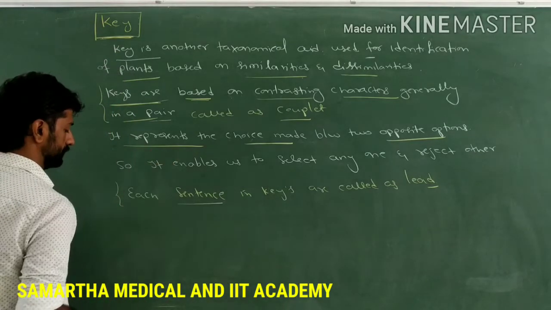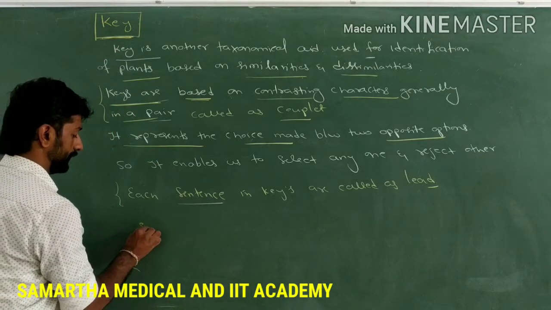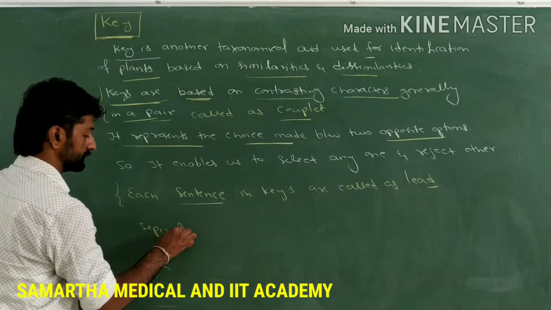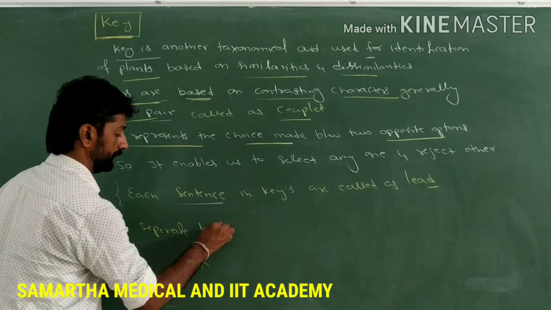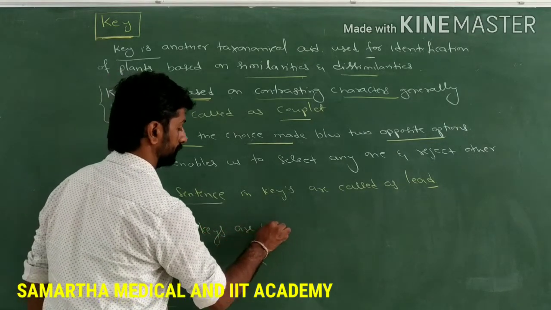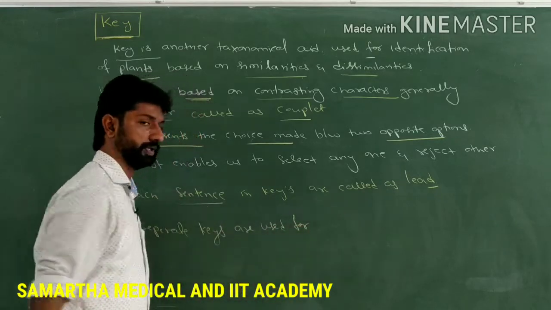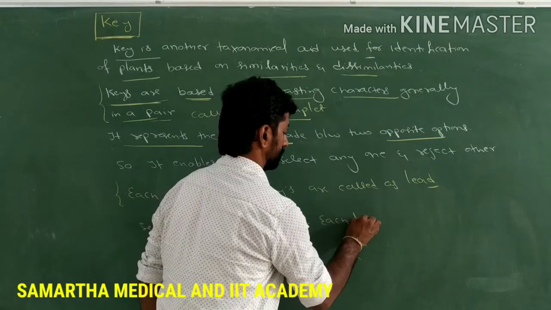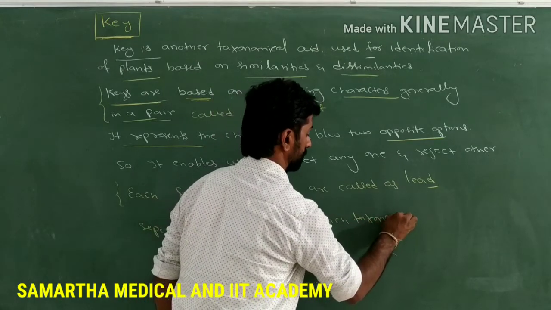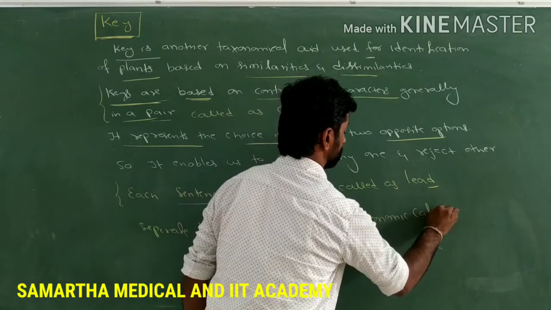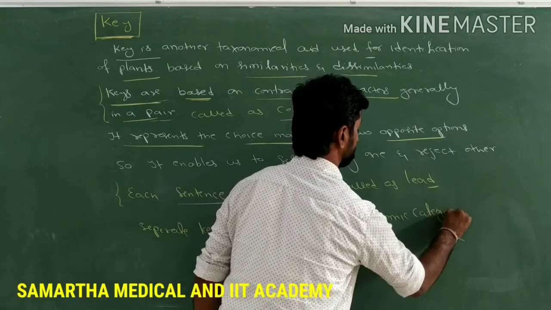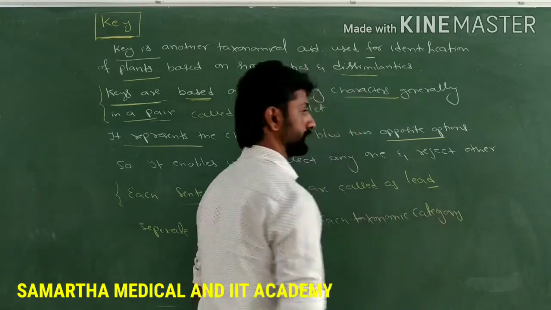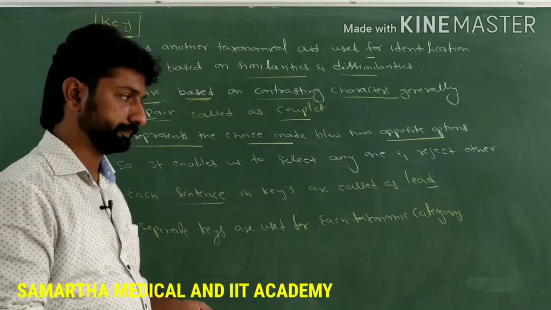Like that, separate keys are used for each taxonomic category. How many taxonomic categories are there? There are 7 taxonomic categories.